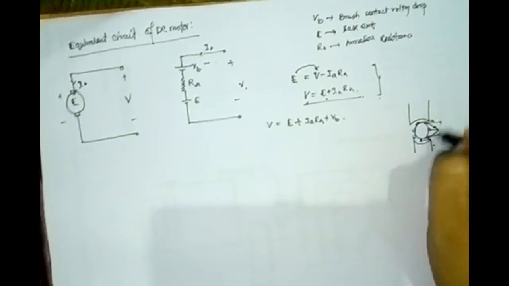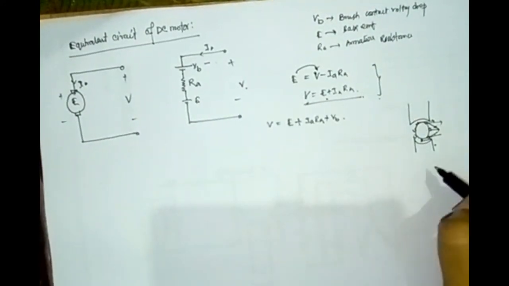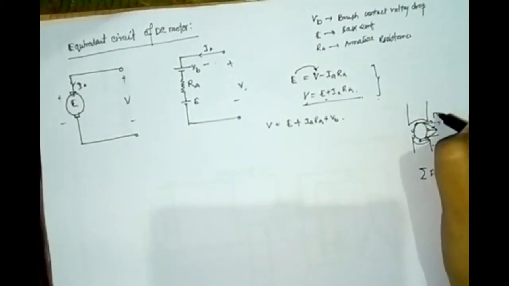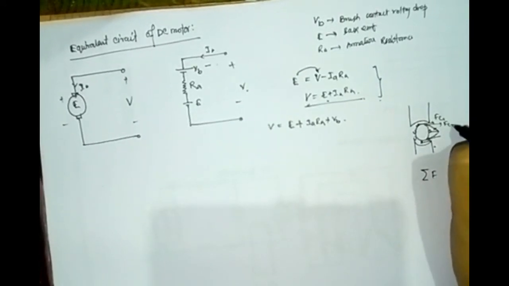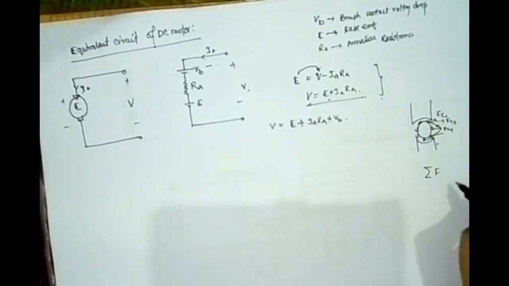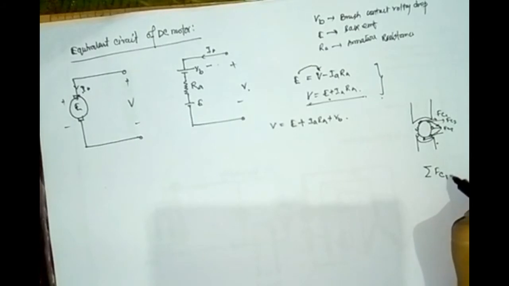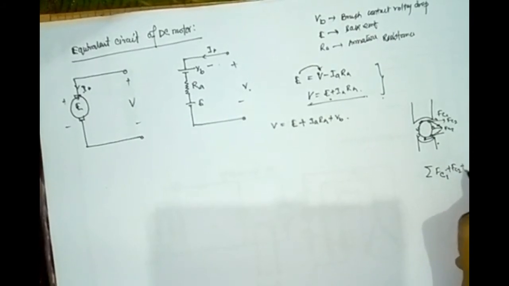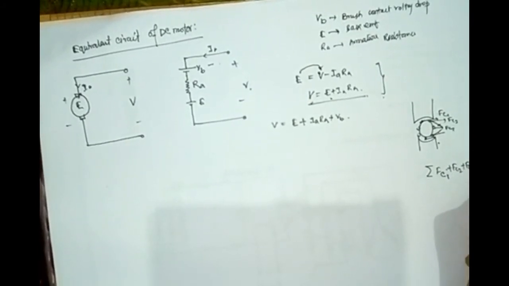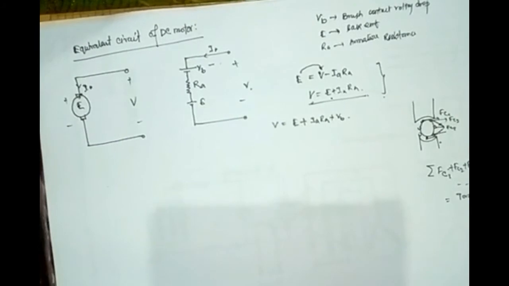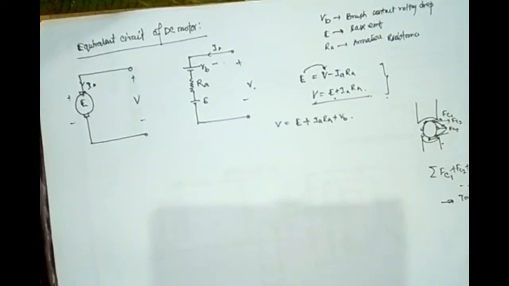If I get a tangential force Fc1 here, then Fc2, Fc3, all the Fc's summed together will produce the total torque.